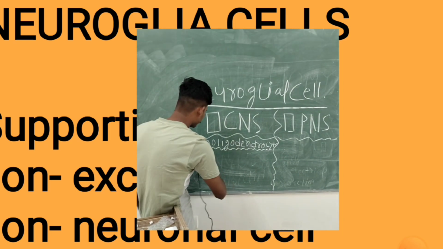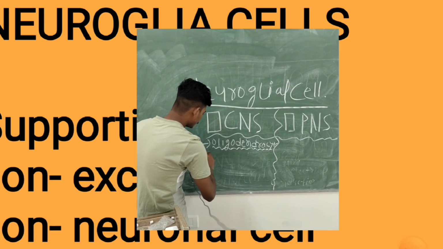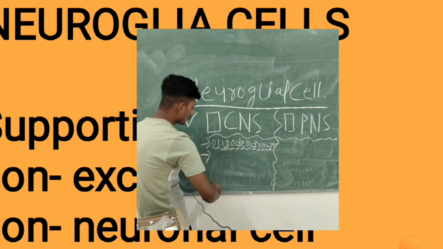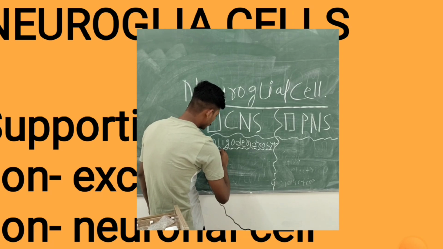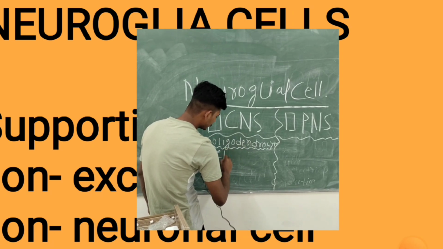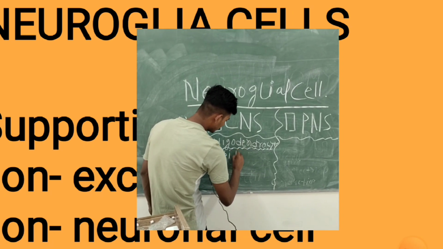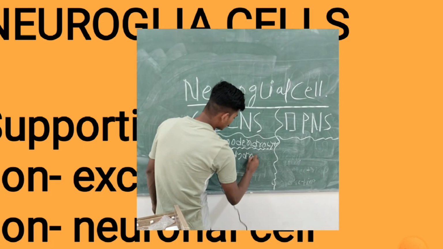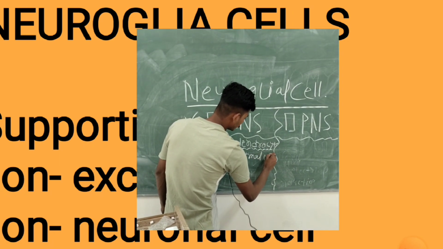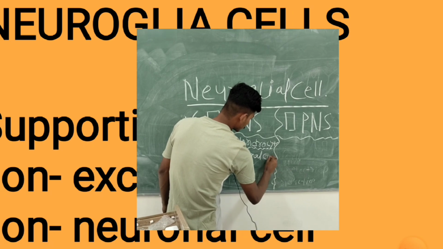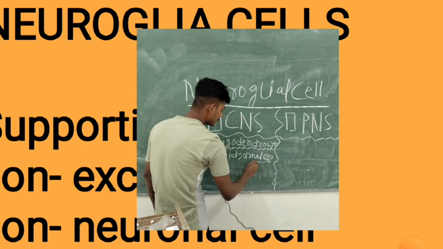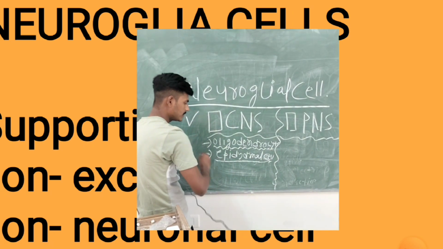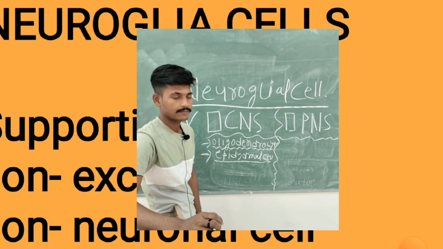Another cell present in the central nervous system is called the ependymal cell. The function of ependymal cells is basically the production of CSF, cerebrospinal fluid.